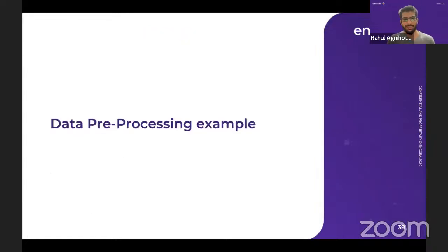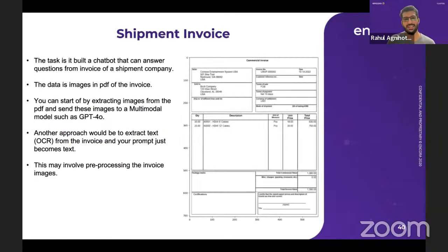Let's take one example, because data parsing is one of the most critical components, not just of the GenAI or RAG pipeline, but for any machine learning algorithm. For example, let's say you're building a chatbot for shipment invoices for a shipment company.